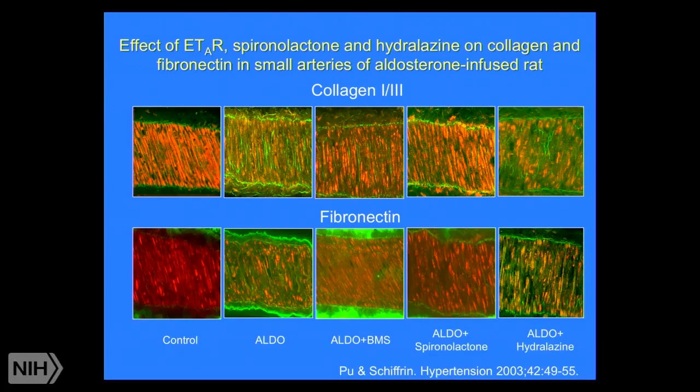This shows one of those studies where we've been able to show that mineralocorticoid activation results in increased endothelin production. Angiotensin does the same thing, and this can be blocked by an ETA receptor antagonist or by a mineralocorticoid receptor antagonist. And I have often said that a mineralocorticoid receptor antagonist may be the poor man's endothelin receptor antagonist, since endothelin appears to be very responsive to aldosterone infusion.